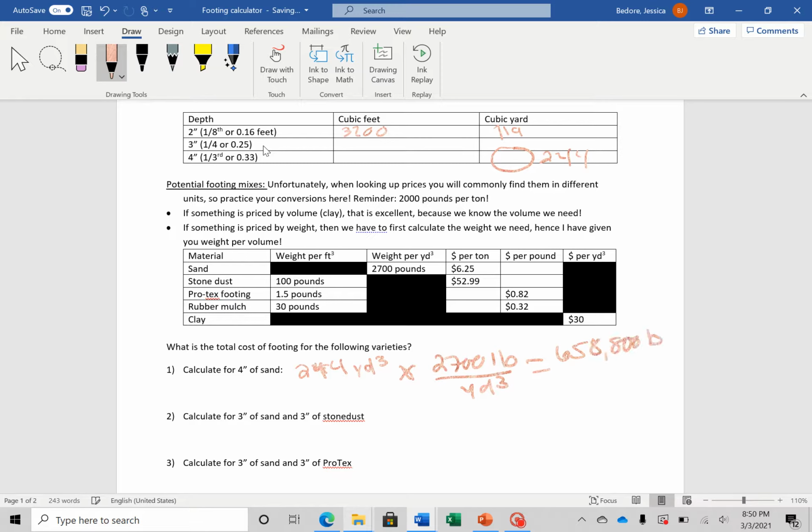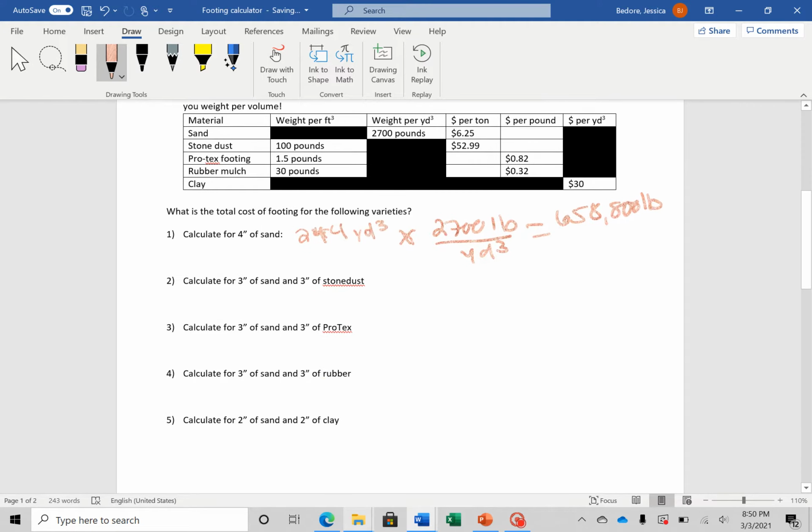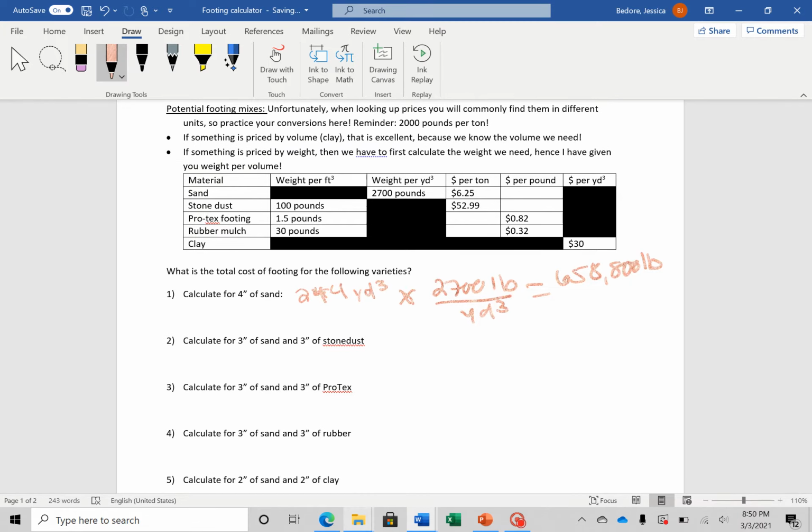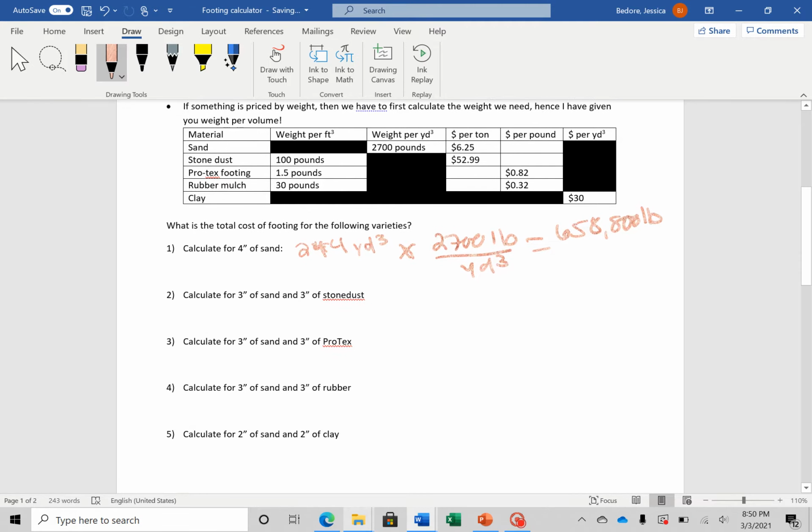Okay? Well, it's priced per ton, so then we need to convert it to tons. And I told you up here that there are 2,000 pounds in every ton. So 658,800 pounds times ton per 2,000 pounds equals roughly 330 tons.